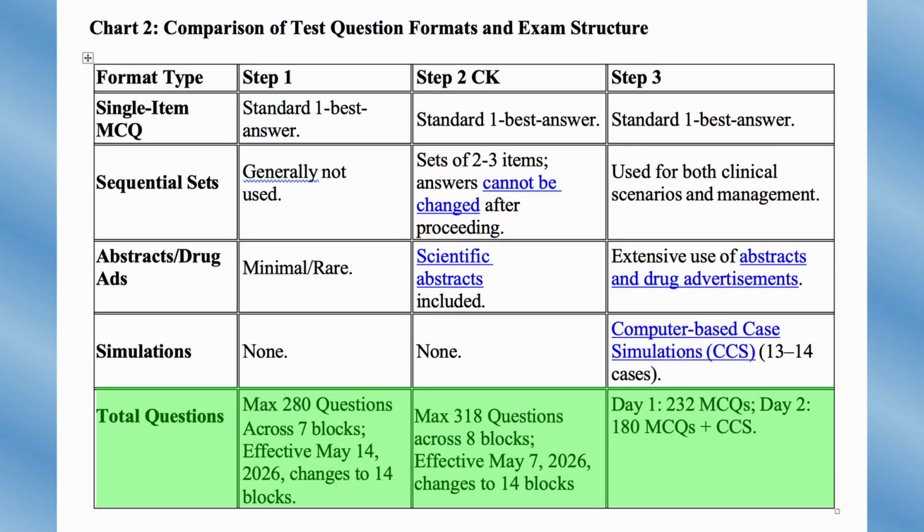Now, your Step 3 exam, that's a 2-day exam. 2 days. And as we said, most scholars do not take the exam back to back. That would be a mistake because it is cognitively fatiguing.